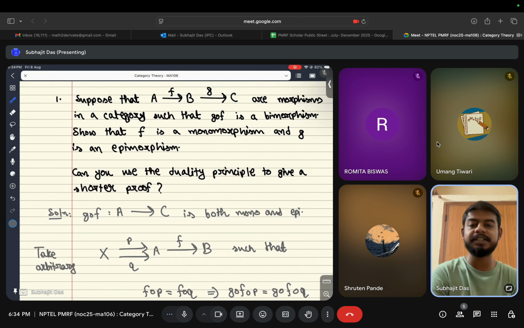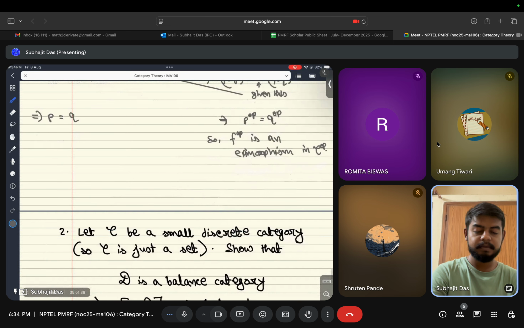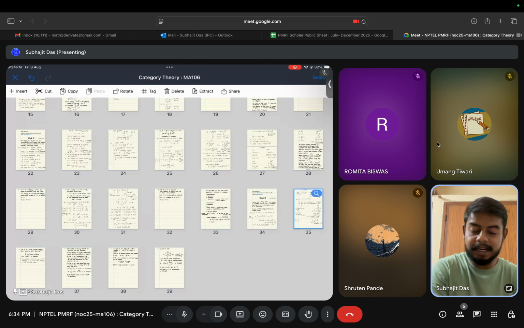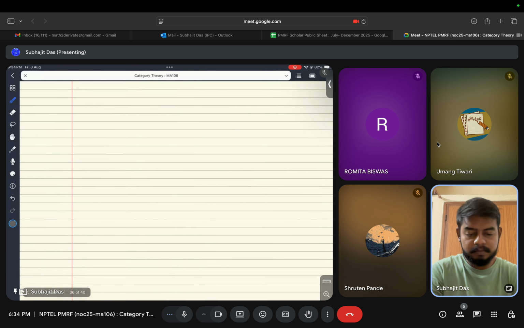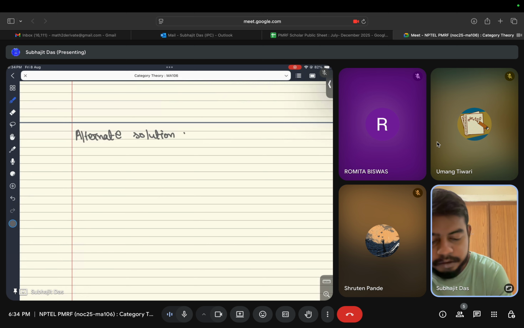How can we show that G must be an epimorphism then? So we use the duality principle for this. So this is like an alternate proof. So this is an alternate solution using the duality principle.